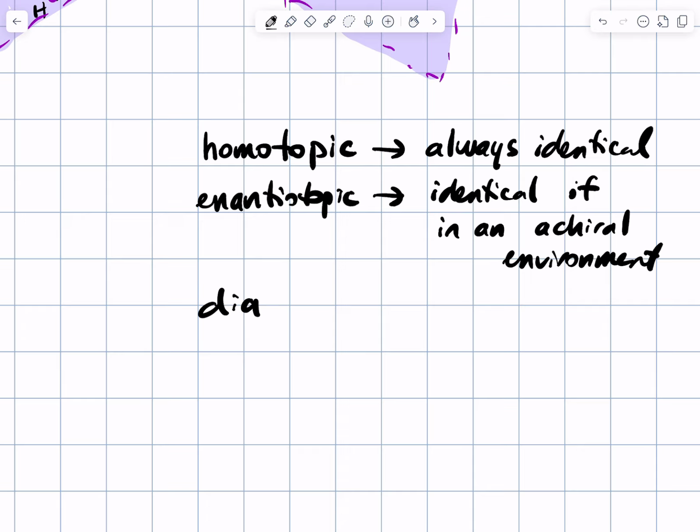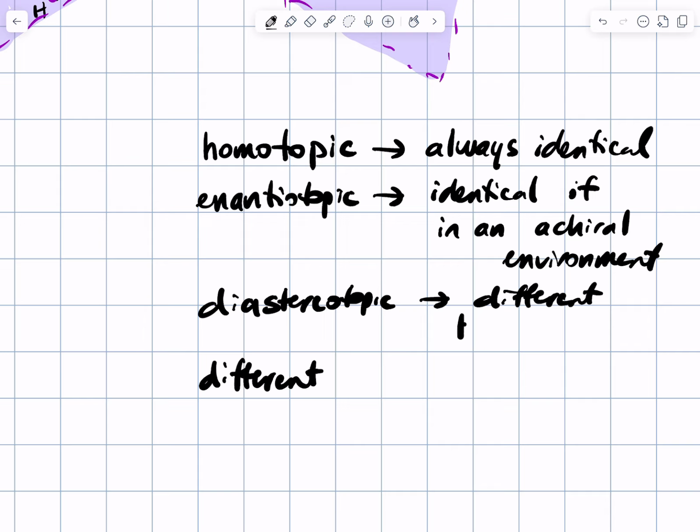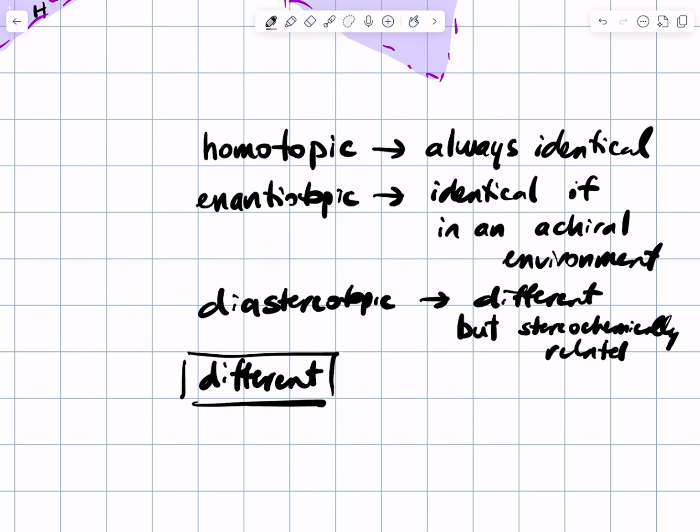You can have protons that are diastereotopic. They are different, but they are stereochemically related. And then you just have protons that are fundamentally different.